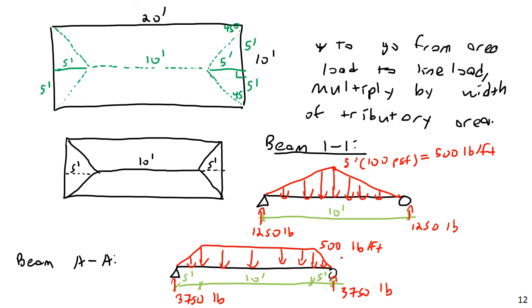So instead of being a trapezoid that goes to 0 at the end, if the beam weighed, for example, 10 pounds per foot, you would have a middle value of 510 pounds per foot. At the edge, it wouldn't go to 0, but it would go to 10 pounds per foot. You would have self-weight as well. But this is the basic idea of two-way loading for vertical loads. Questions on this? Fun, huh? Loads of fun.